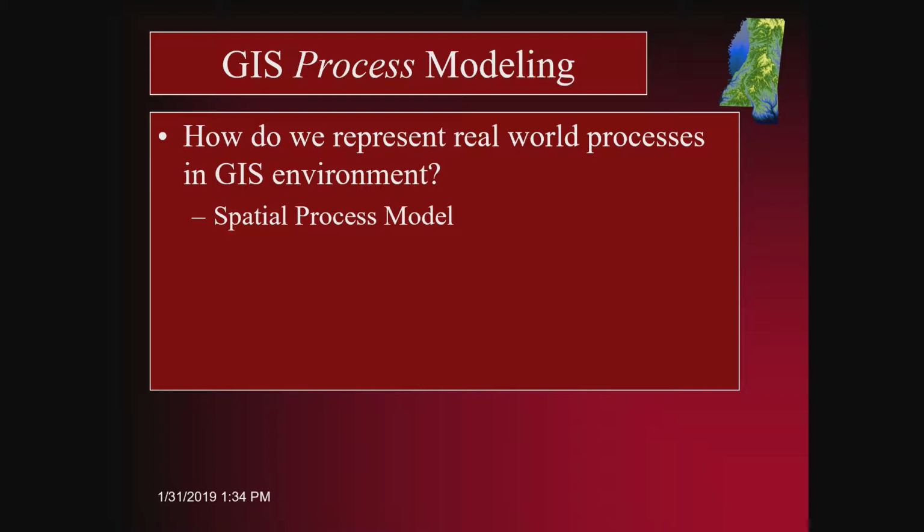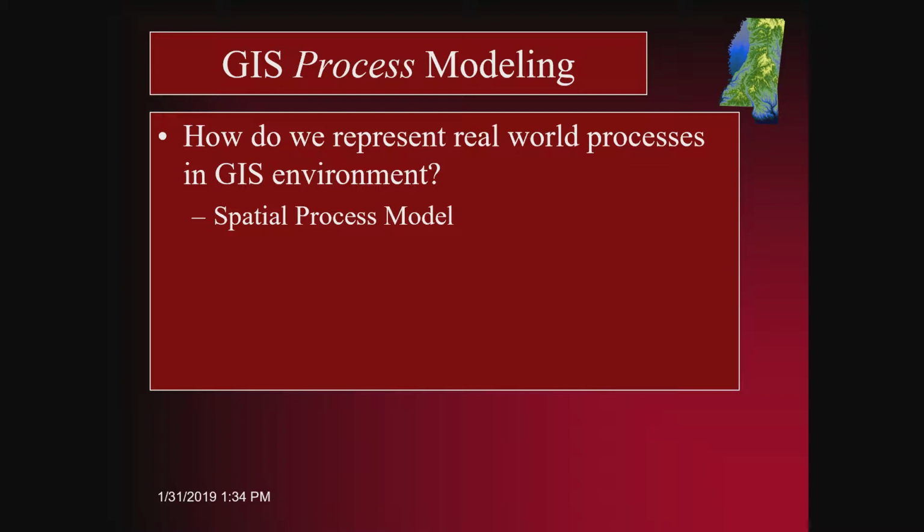That actually forms the basis of a lot of analysis. Really, what we're trying to do is create a process model to predict something, or to find something out, or to discover something new.